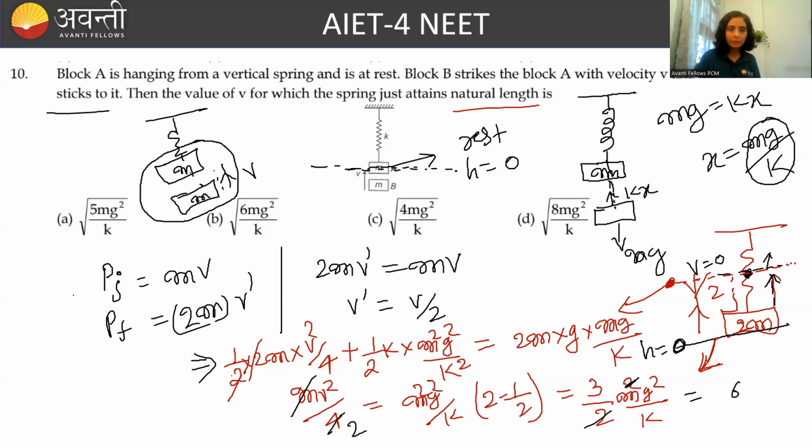So 6 m g square by k will be the velocity root of. So correct answer should be what? Correct answer should be B. ठीक.